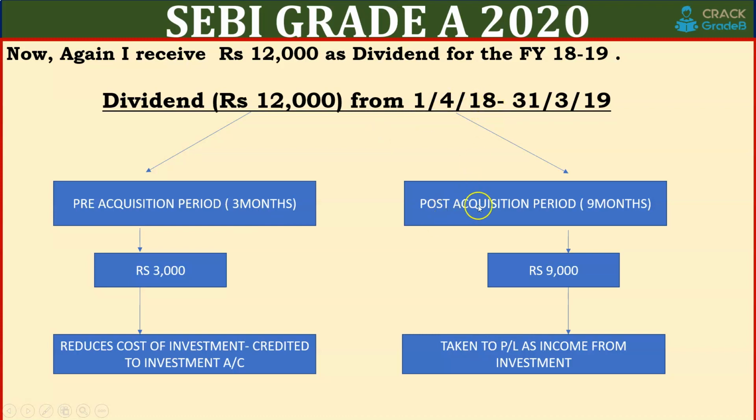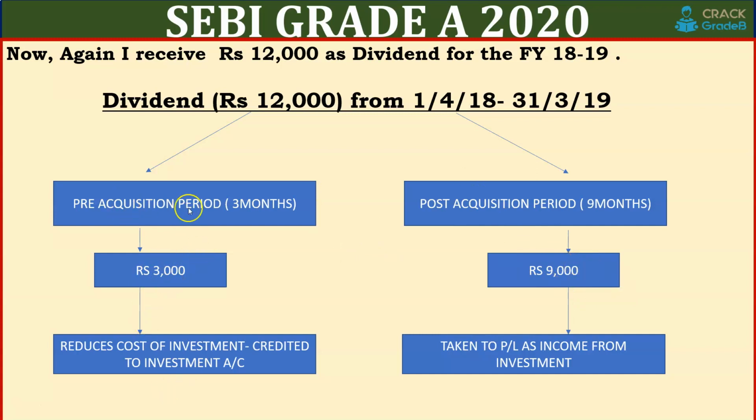And the post-acquisition period will be the next 9 months. So the dividend will be apportioned in that proportion only: 12,000 divided by 12 into 3, and 12,000 divided by 12 into 9. So we will get 3,000 and 9,000 proportionately.